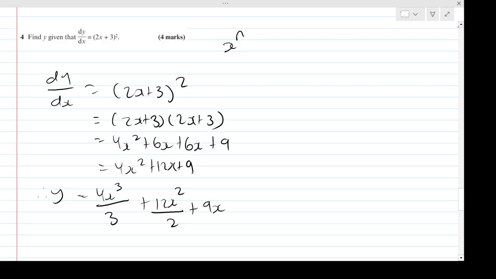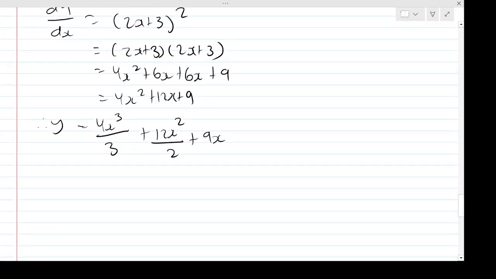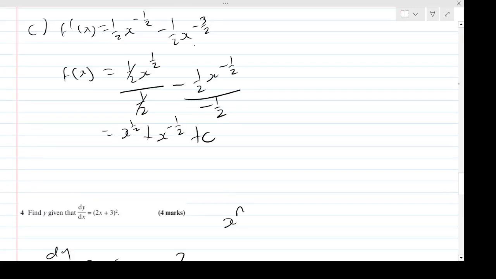If you have a constant, it will just add on an x at the end, effectively. So then I just need to clean up the fractions, if I can. Well, 4/3, so that's 4/3 x cubed. Then we have 12 over 2, that's just 6x squared, and plus 9x. And then we need a plus c on the end. And there we are. That is my expression for y.